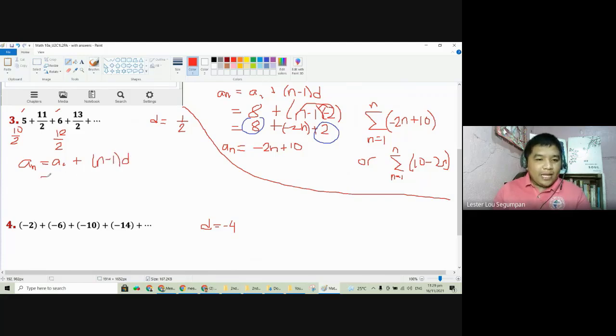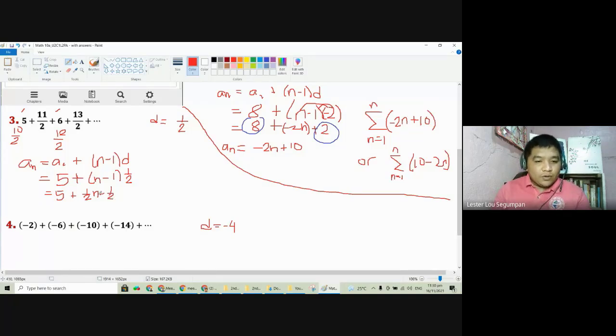And then you will have here, since we could use 5, let's just stick with 5 plus, or later you could still use 10 halves as we combine everything later. So you have n minus 1 times 1/2, which will yield 5 plus 1 half of n minus 1 half.